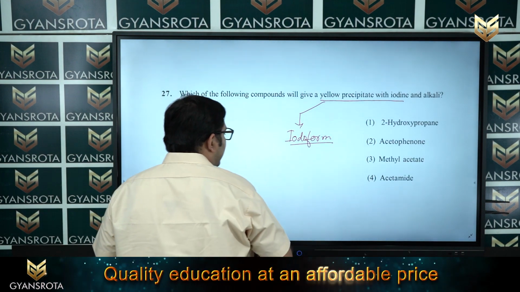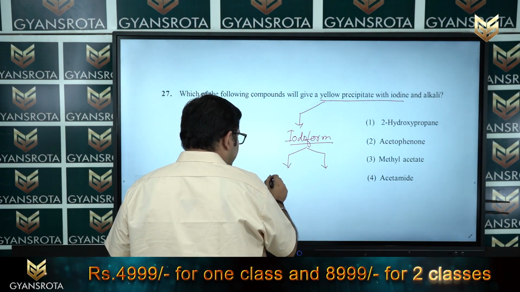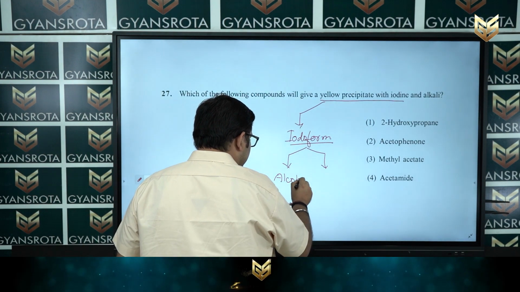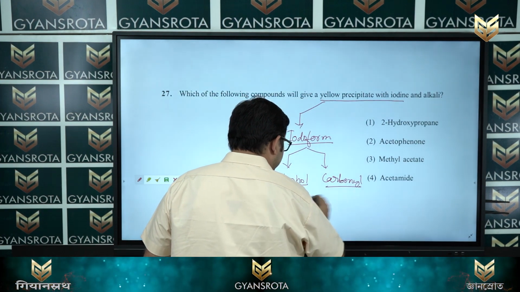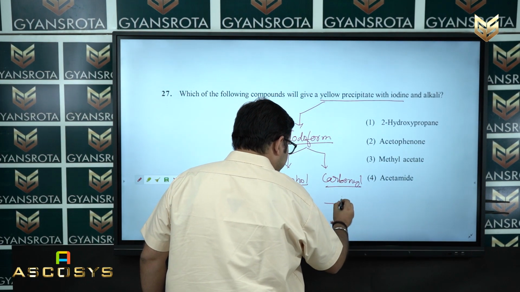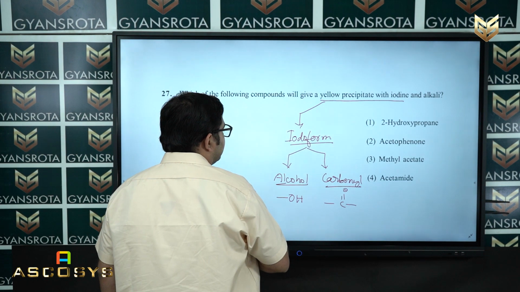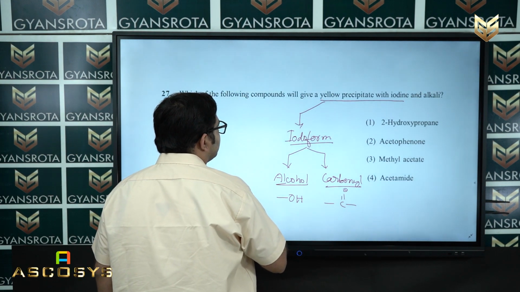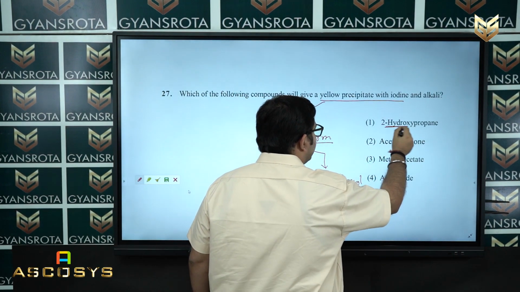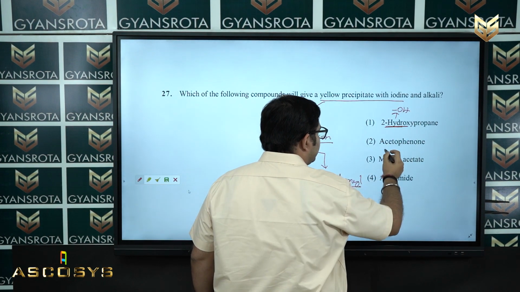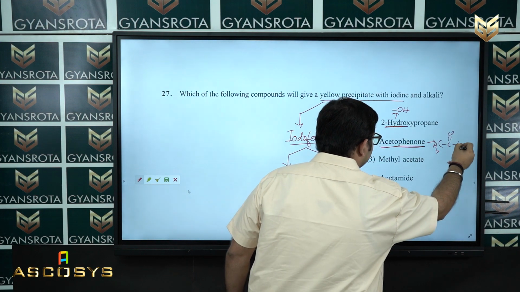The iodoform reaction is a characteristic reaction given by two groups: one is an alcohol and another is a carbonyl compound, this group and these groups. Only these two groups show the iodoform reaction and give a yellow precipitate. Now among these four options, hydroxypropane has this OH group, and another one is acetophenone, which looks like CH3, C double bond O, CH3.